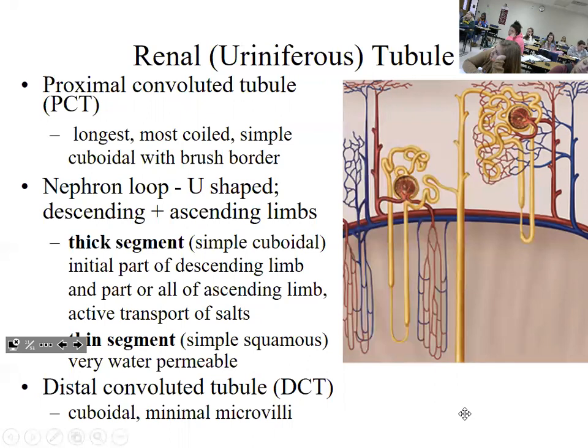What am I calling it? I'm not calling it waste. What am I calling it? I'm calling it filtrate. It's the initial filtrate that's happening. But it's not urine, because you're reclaiming it. You're reclaiming 99% of it. 99%. It's reclaimed. It's not urine.